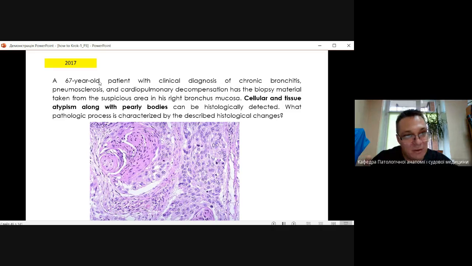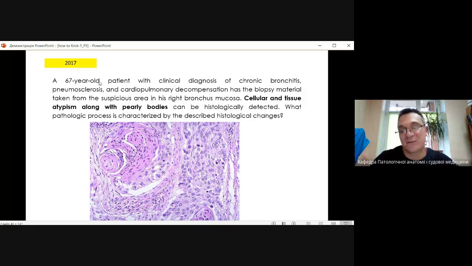A 67-year-old patient with clinical diagnosis of chronic bronchitis, pneumosclerosis, and cardiopulmonary decompensation has biopsy material taken from a suspicious area in his right bronchus mucosa. Cellular and tissue atypism along with pearly bodies can be histologically detected. Yes, yes, yes. Metaplasia of squamous cell carcinoma.